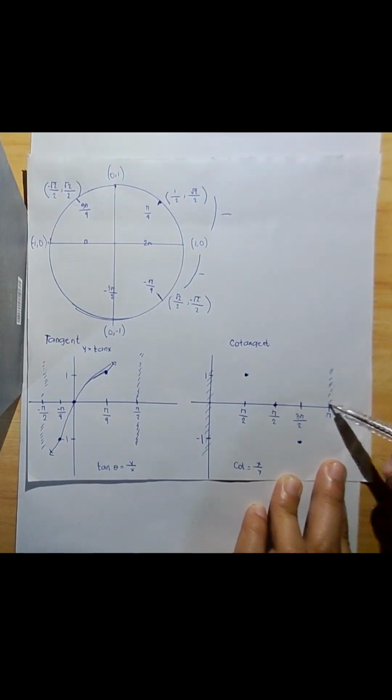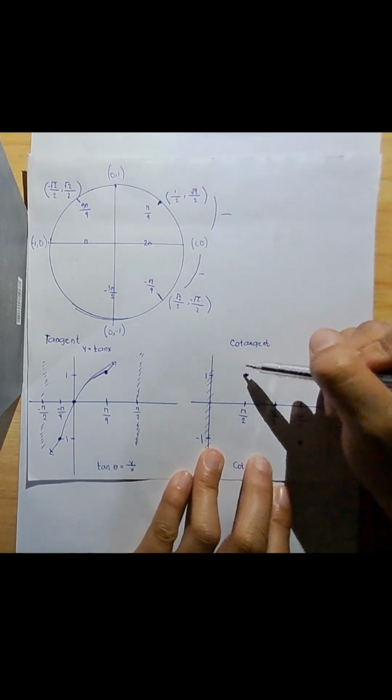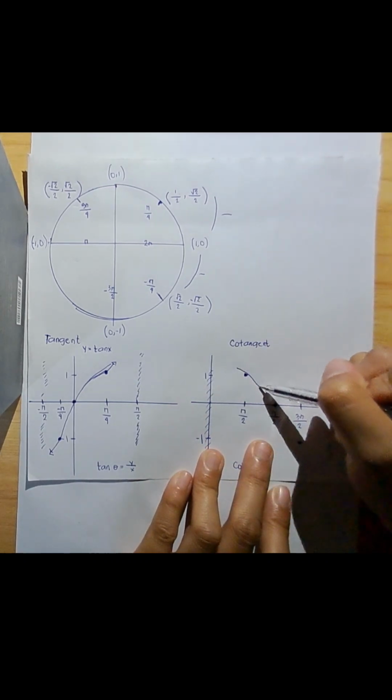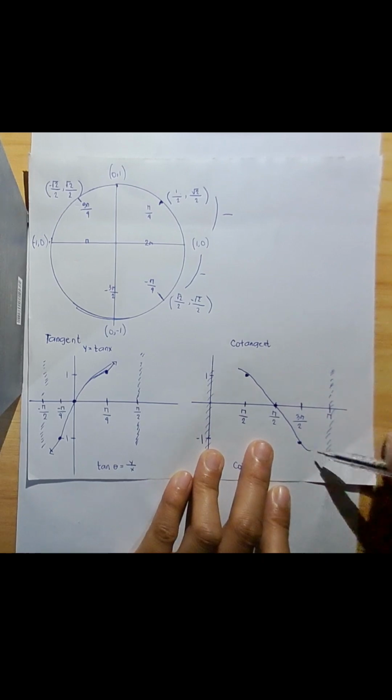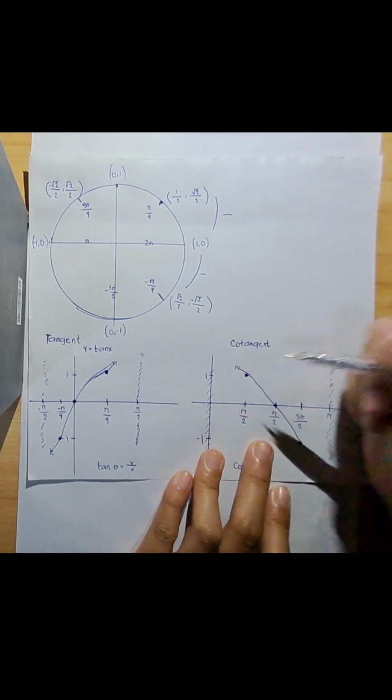So the graph would go from up to down. So this is the cotangent graph.